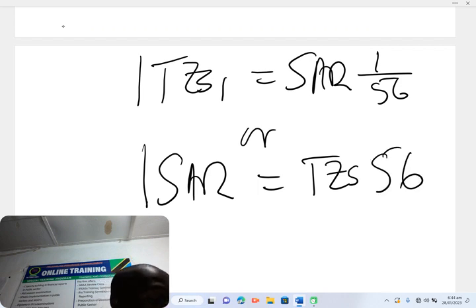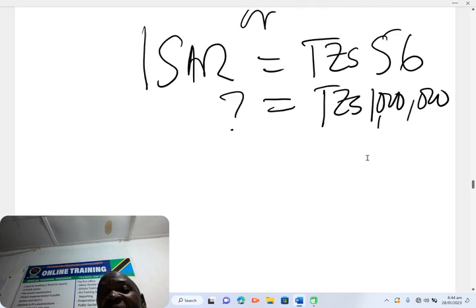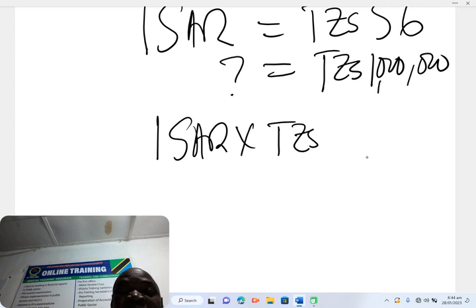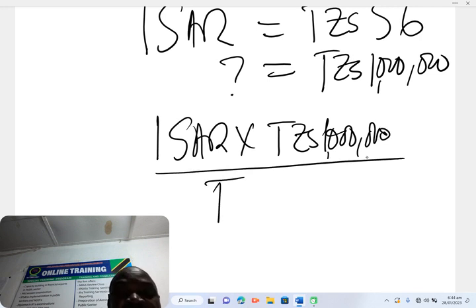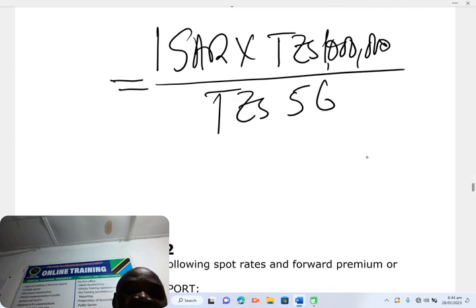But the transaction is for 1 million TZS, isn't it? Against how much South African rand? Now compute there. So we have 1 South African rand times TZS 1 million divided by 56. So how much is that?